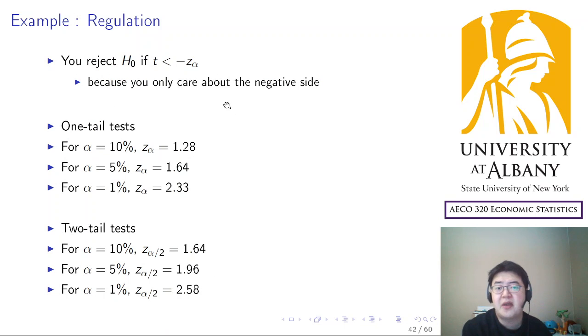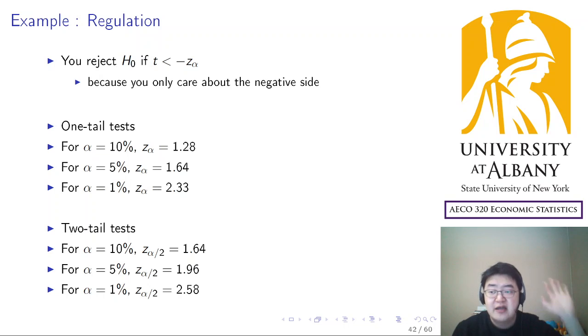So now let's compare. In this case, I said you have to take a negative number because you only care about the negative side. When you had two-tail tests, suppose alpha is 10%. This means you are rejecting 10%, but the 10% is from the bottom and from the top. So the probability 10% will be split in half.